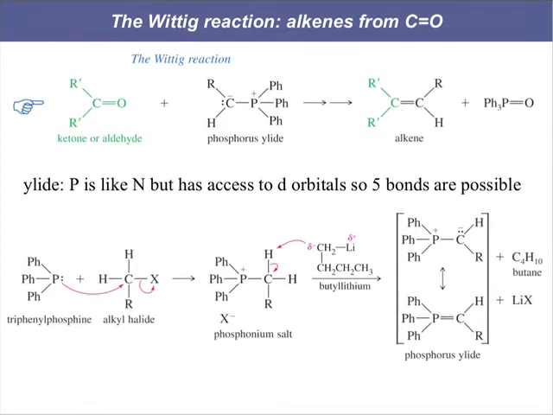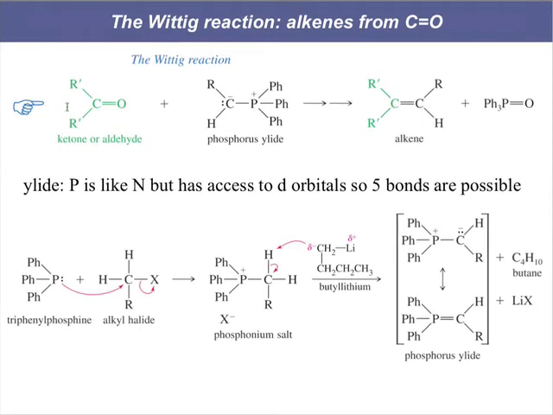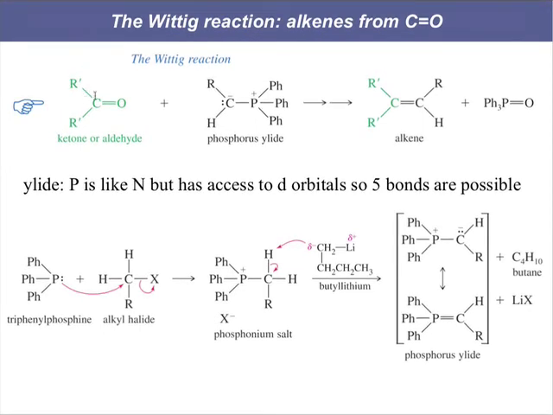Notice that we've got the two R groups, R prime in green from our ketone or aldehyde, and we've got an R and an H on our ylide here. Notice that this carbon in black with the R and the H is the carbon with the R and the H in black that ends up double bonded to our green carbon.